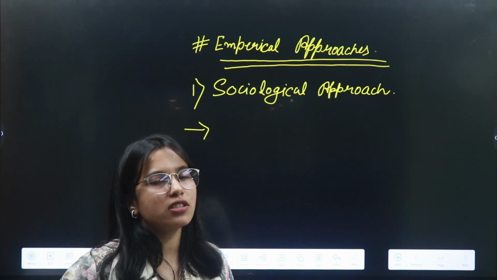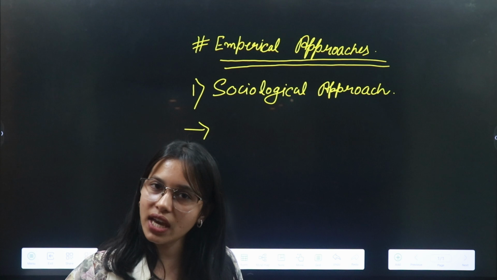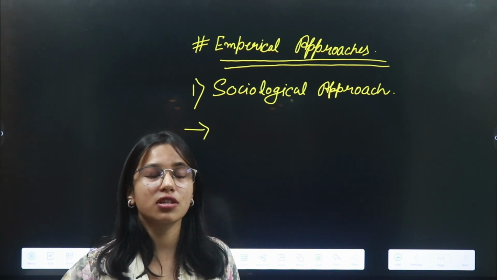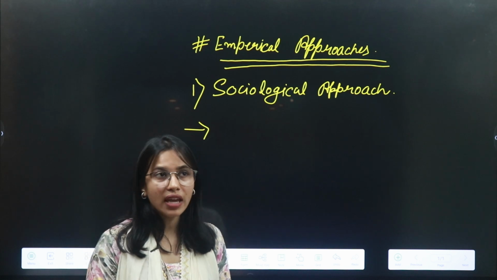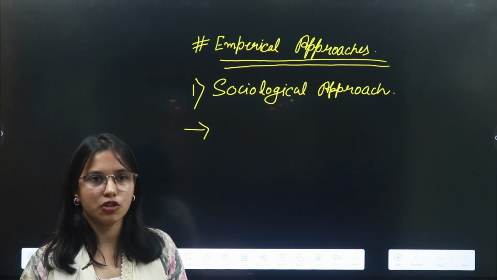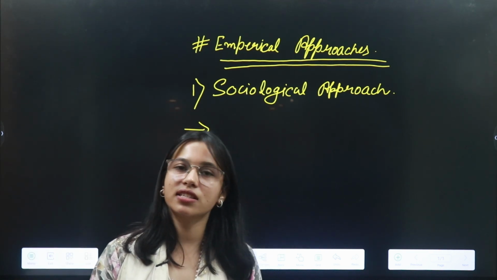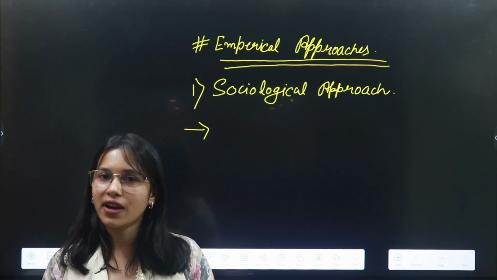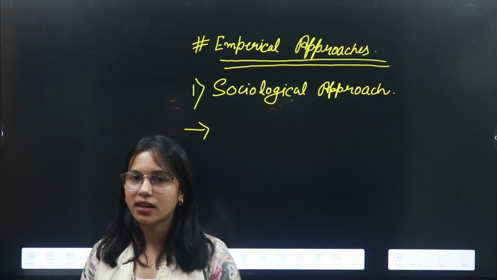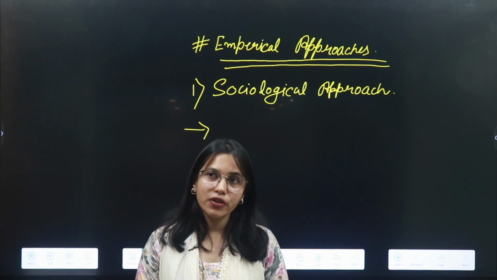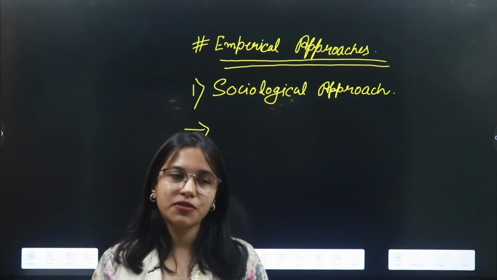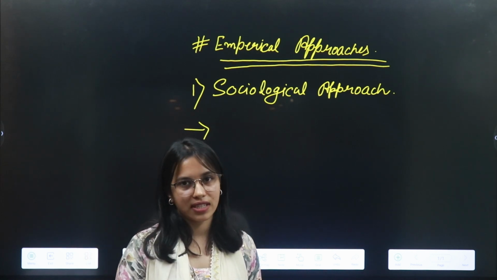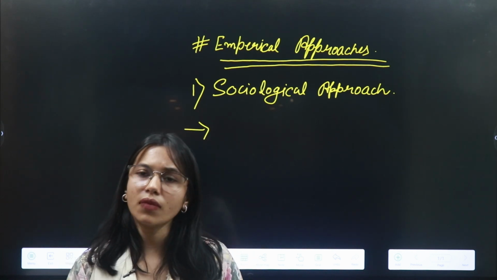We have social institutions and therefore we have political institutions. These social institutions mainly influence the political institutions, and hence there is a need to study them. Whenever we evaluate any kind of political activity, we first need to analyze the social factors affecting it, right?